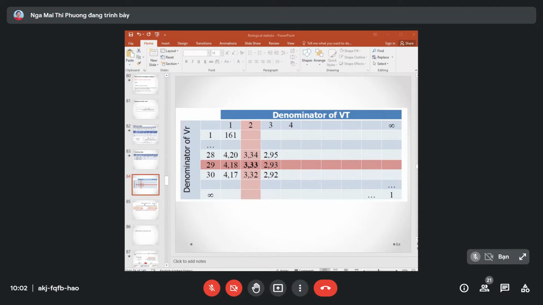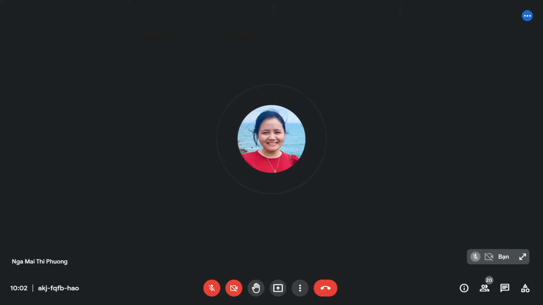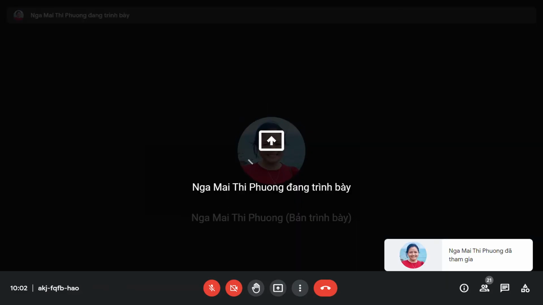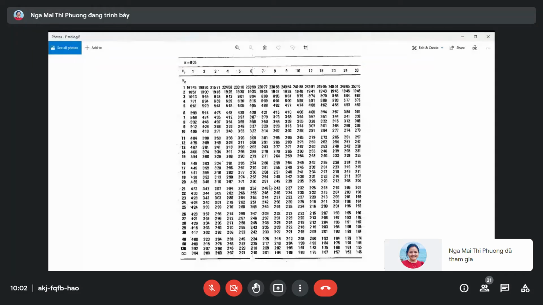So does someone have an F table? Yes or no? No. Okay, you can check the F table here in the slide. This F table is with the rate of error of 0.05. It is 5%. If the requirement is a rate of error of 1%, you take another one.